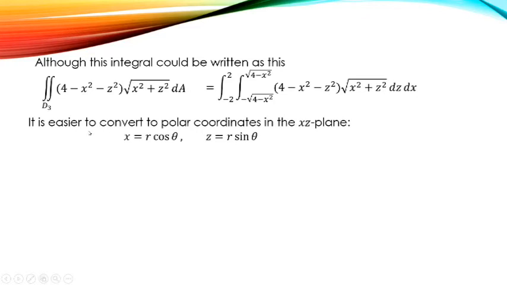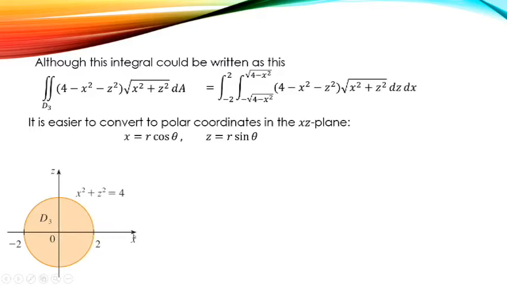It is easier to convert to polar coordinates in the xz plane, where gagamitin natin yung values ng x is equal to r cosine theta, and sa halip na y, since nasa xz plane tayo, z is equal to r sine theta. So we have the x and z axis.